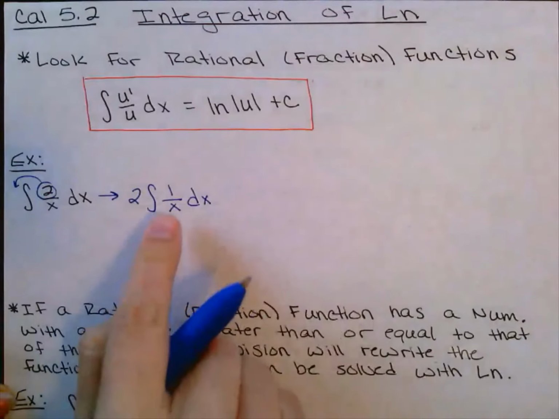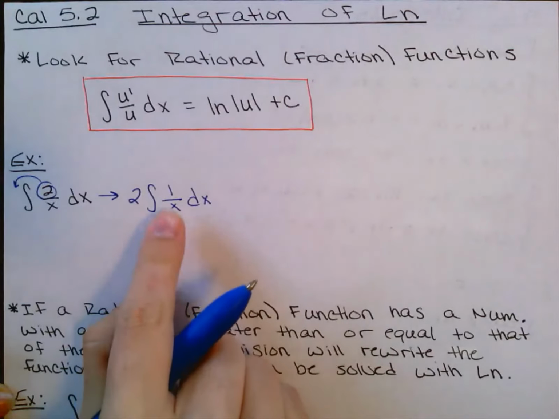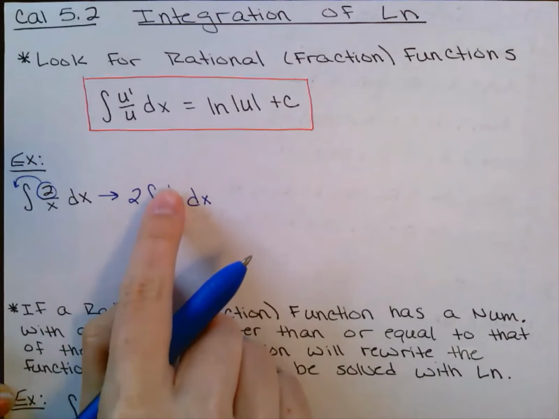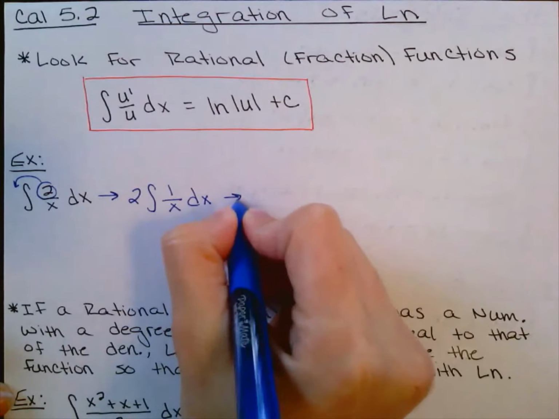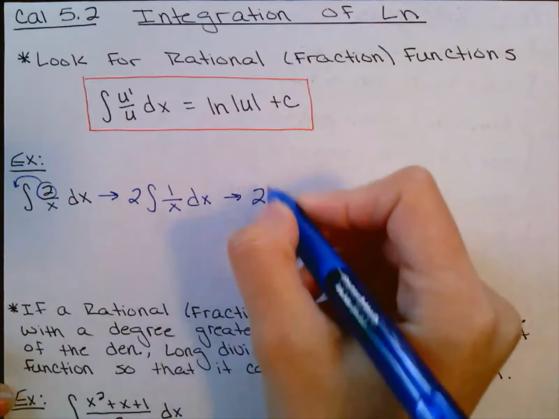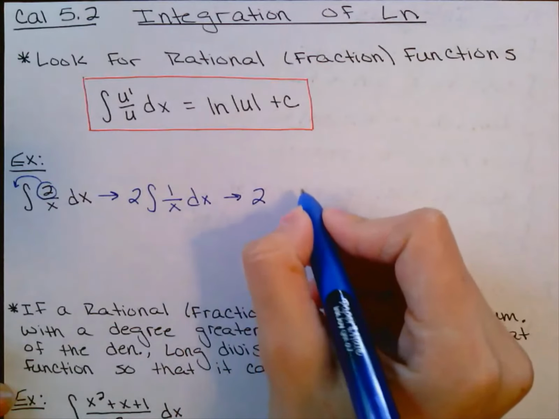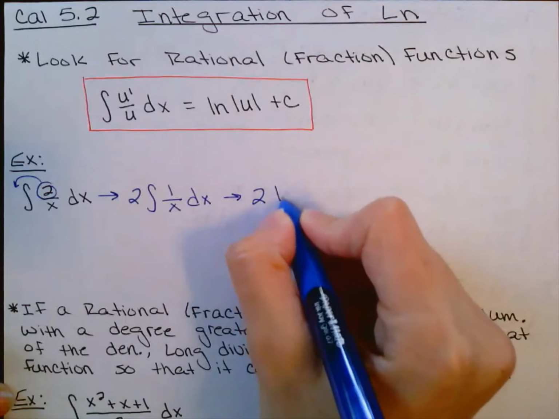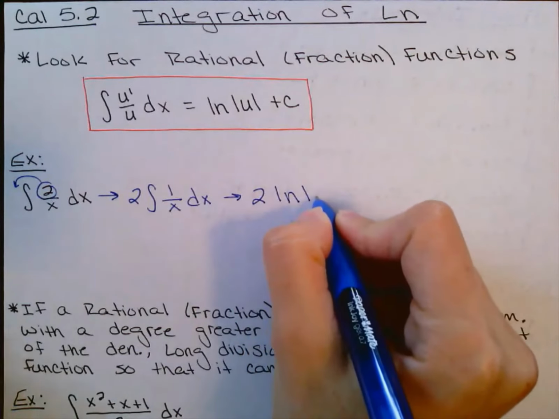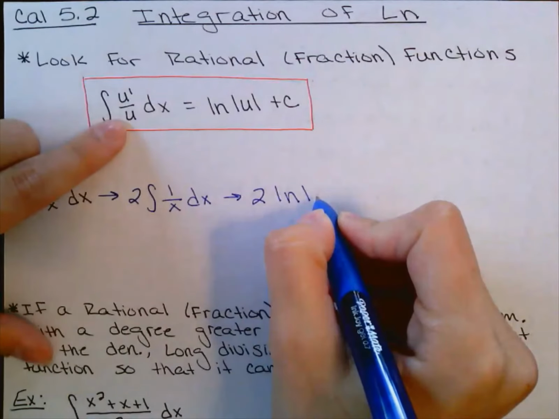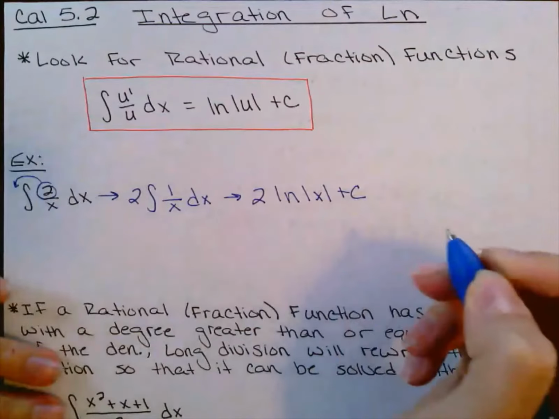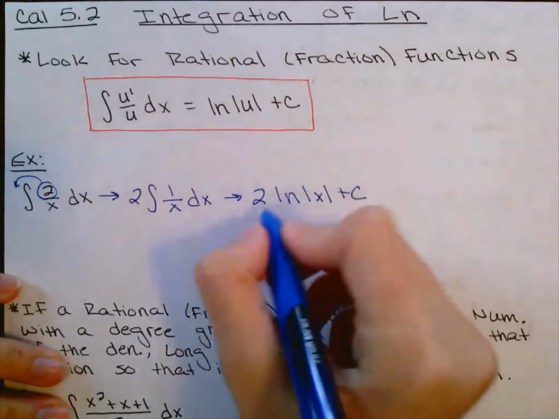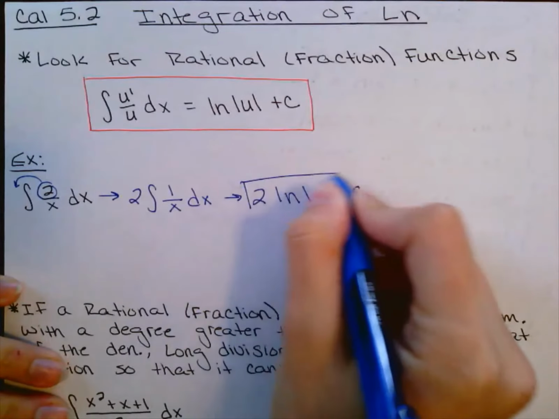And now I can see that the derivative of x is 1, so now I can spot that u prime over u. And then the antiderivative, I'm going to rewrite my 2. The antiderivative will simply be ln of absolute value of u, with whatever's in the denominator, plus c. This is one option of seeing your answer.